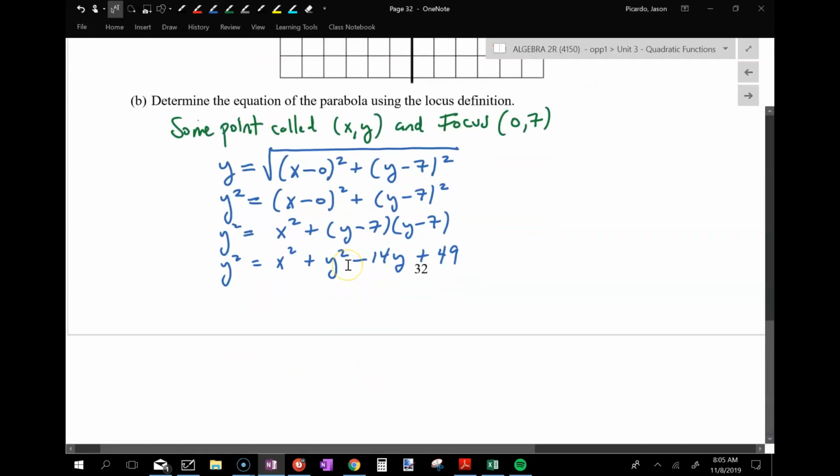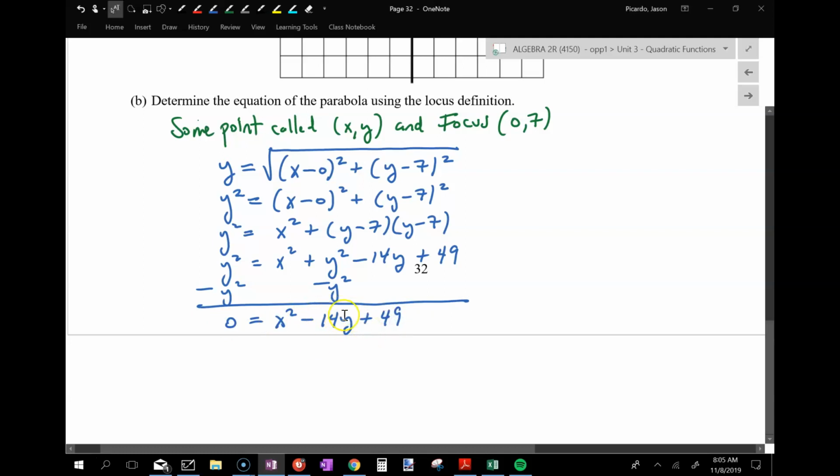Now what am I going to do? Well, I got to solve for y, right? The good news again, guys, if you're doing this right, this is always going to happen: this y squared and this y squared will cancel, right? Because you subtract from one and the other one becomes 0. So subtract y squared from both sides. That gives me 0 equals that.